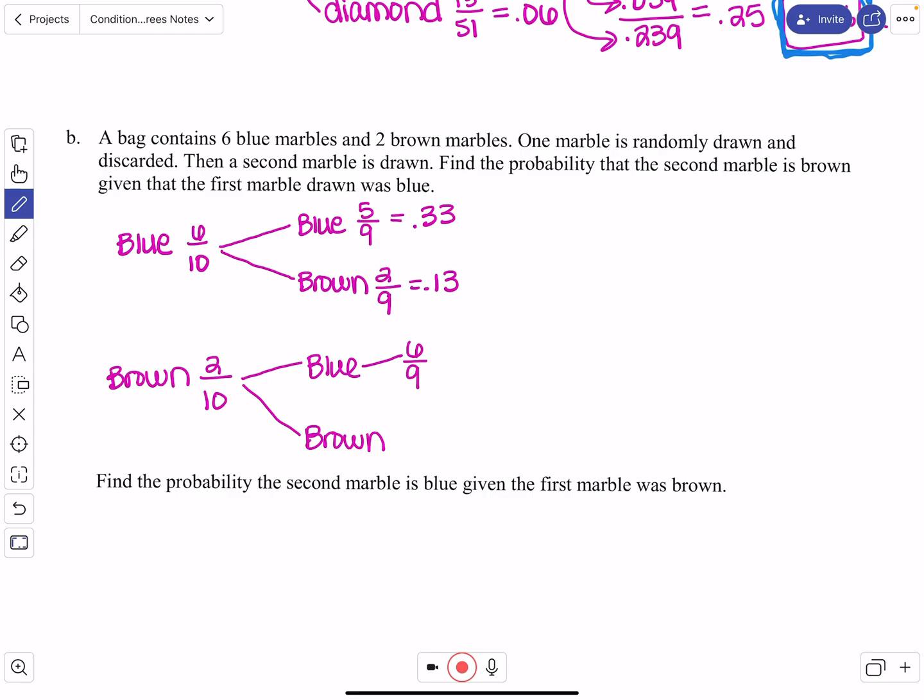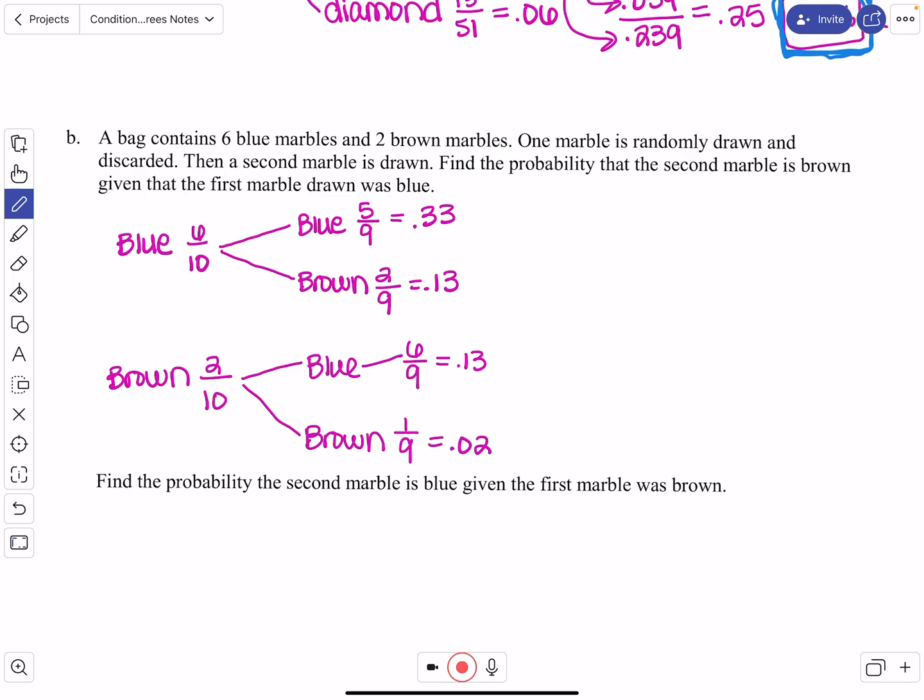If I drew a brown, I would only have 1 out of 9. So if I drew a brown and then a blue, that would be 0.13. If I drew a brown and a brown, that would be 0.02. So here are all my possibilities of drawing marbles.